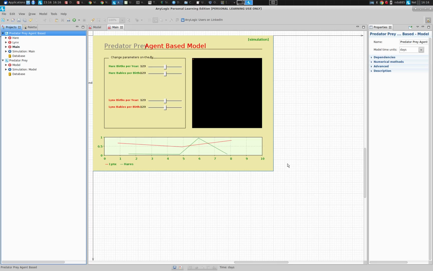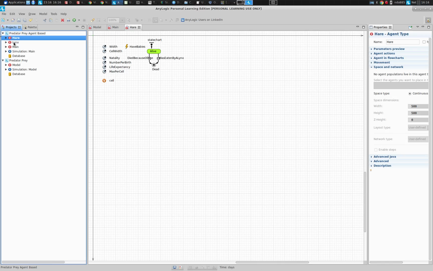Well, agent-based is distinguished by what? An individual model of each agent. And here you might have individual agents circulating in space, right? So here we're going to have hares and lynx, and their life cycles will be very simple. A hare life cycle is particularly simple.